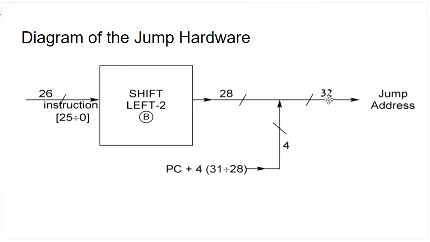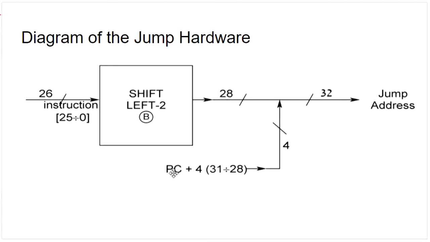Now it's an 8-lane highway. So these 4 lines are not merging in, they're just adding on. So what was a 28-line highway is now going to be a 32-line highway because 4 lines came in from where? From the PC after plus 4.